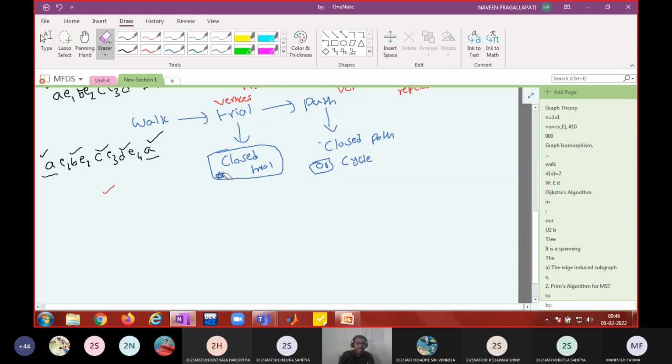Therefore, a special case of this is a closed Eulerian trail, which contains all the edges. And a special case of this is a Hamiltonian cycle.